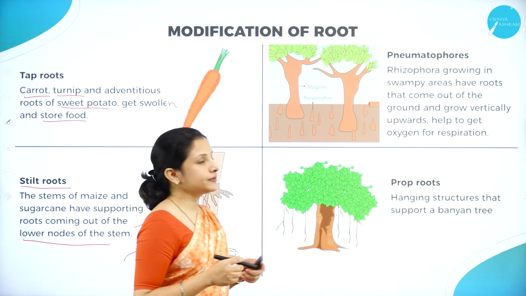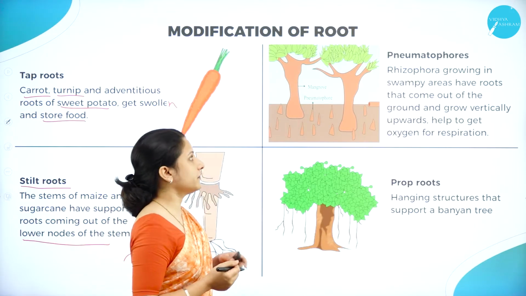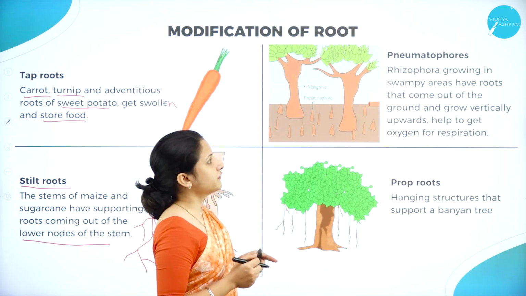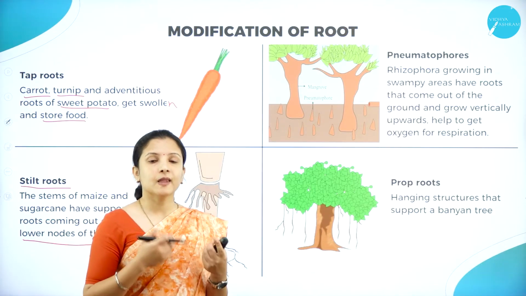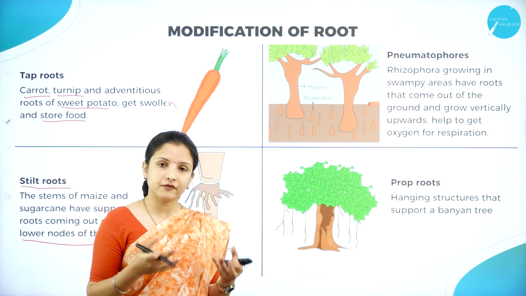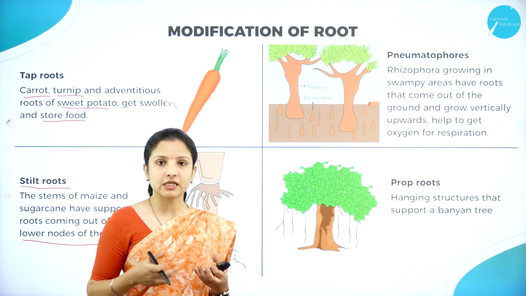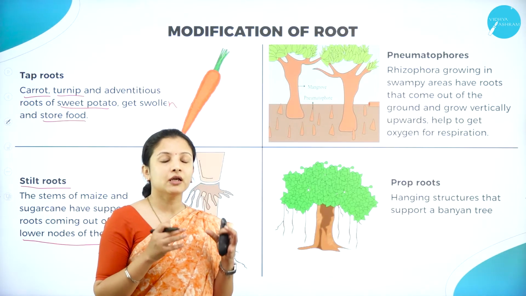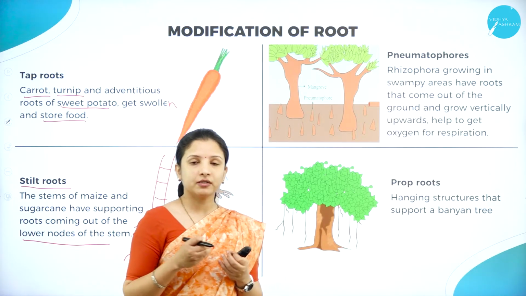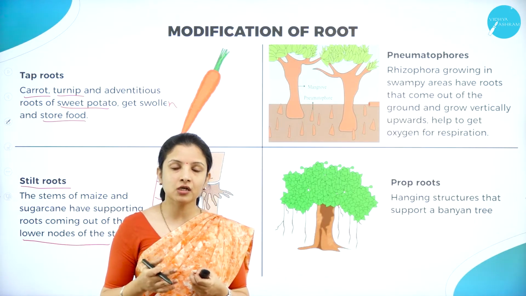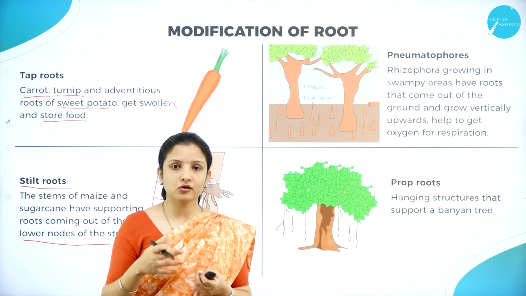Next, moving on to one more root modification called the pneumatophores. There are some species of plants that grow in the swamp. Swamps are waterlogged every day, and it is moist everywhere. In such a region, too much moisture can cause rotting of the seeds.